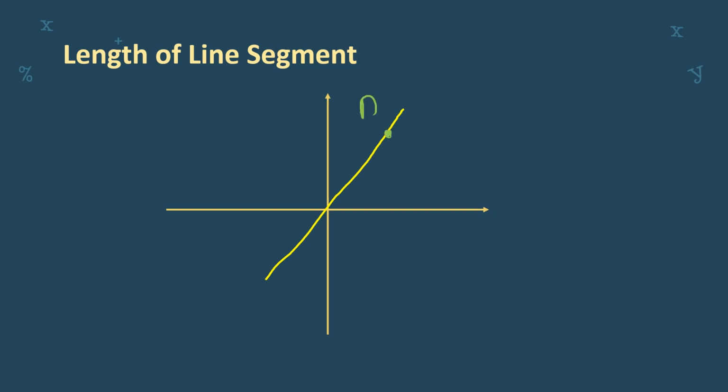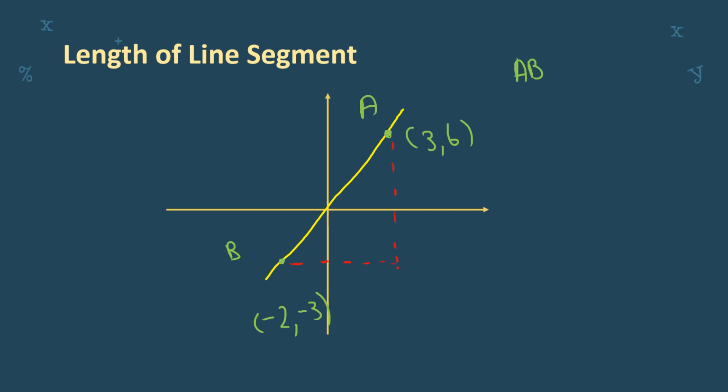Point A, which is (3, 6), and then point B, which is (-2, -3). For us to find the length of AB, we can imagine this as a triangle. So I'm going to dot it out. Dot A down all the way to reach B, and then from B we're going to dot the other way around.